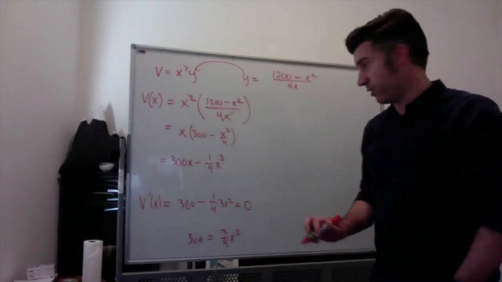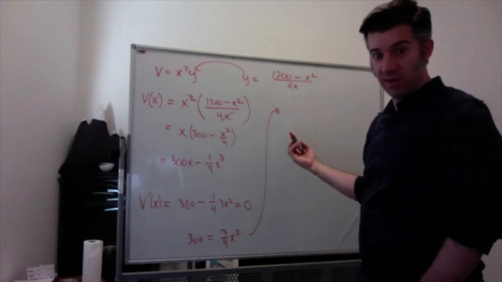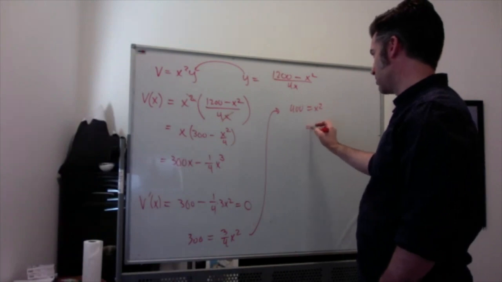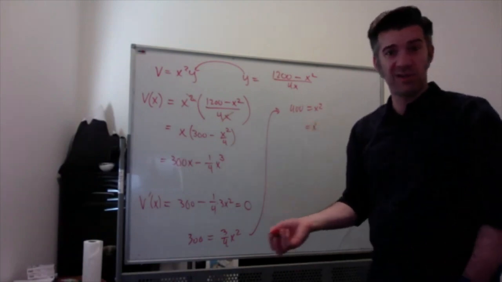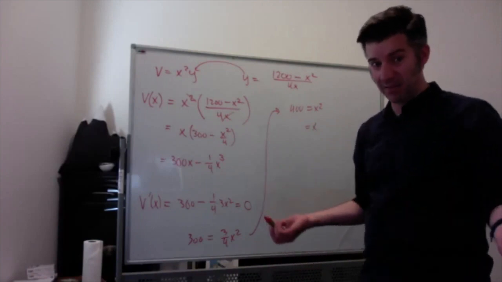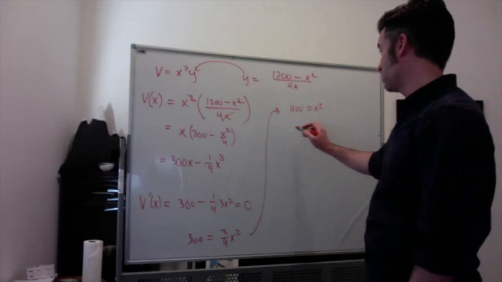Multiply both sides by 4/3. So I end up getting 4/3 times 300 is 400. 400 equals x squared, and then I get x equal to, technically the solutions are plus or minus 20, but in this particular problem, it doesn't make sense to think of x as being a negative value. So our only real solution, or our only sensible solution, is x equal to positive 20.